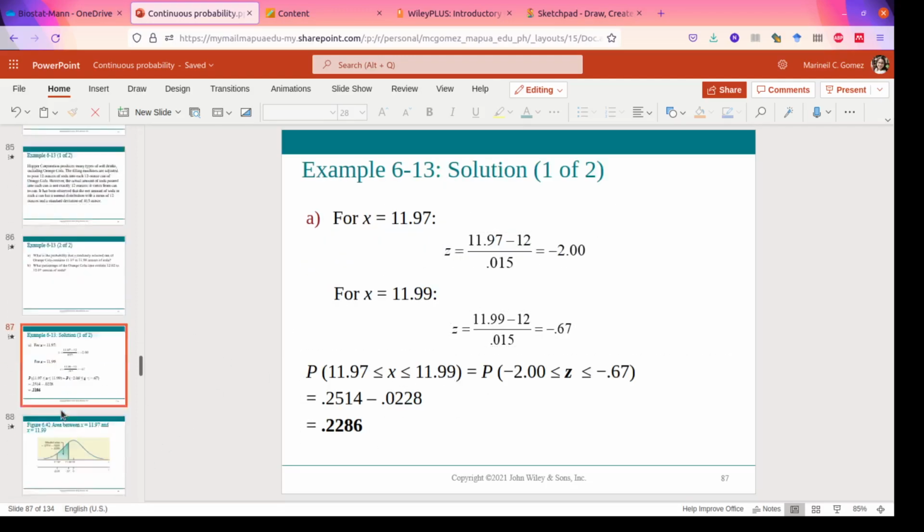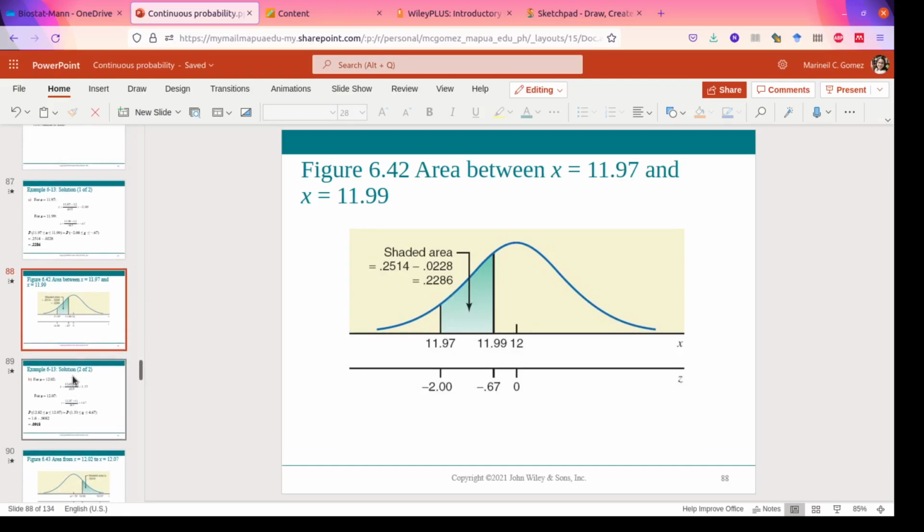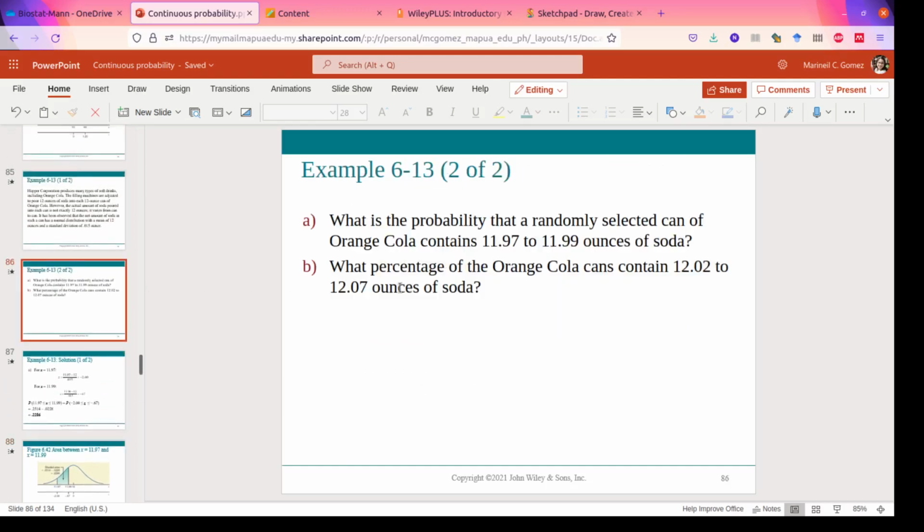So again, convert it and look at the shaded region. The probability of getting a cola that has the actual amount of soda between 11.97 ounces and 11.99 ounces is 0.2286 or 22.86%. That's the answer for that.